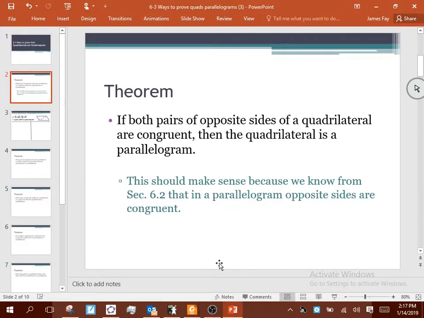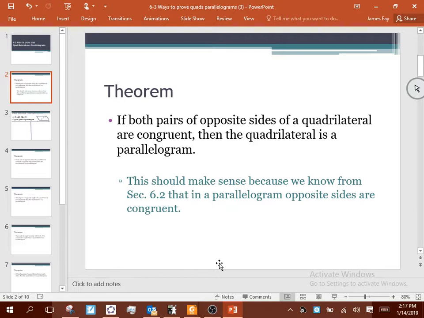So if I were to go back to what I asked you to do on Friday, and you were told to prove that's a parallelogram, and then find all the distances, you had to do that on Friday by finding all the slopes first. See, that was a parallelogram. Then you went through the distance formula, right? What this theorem is saying is that you don't have to do that.